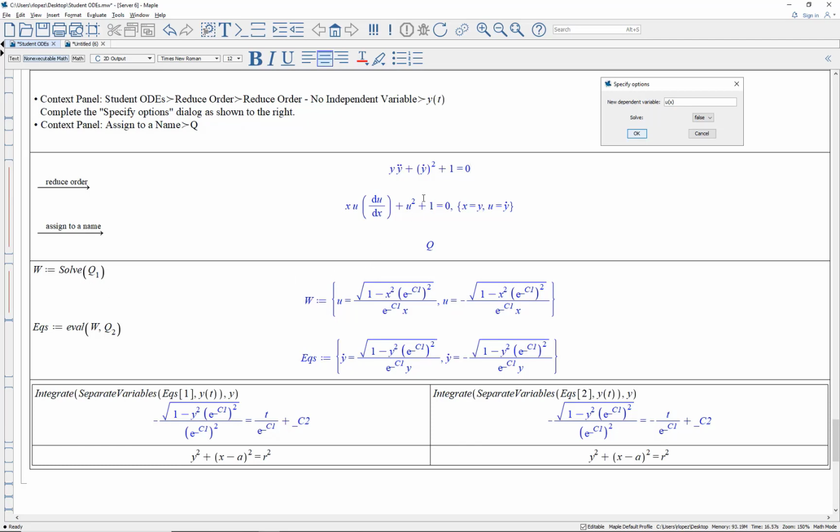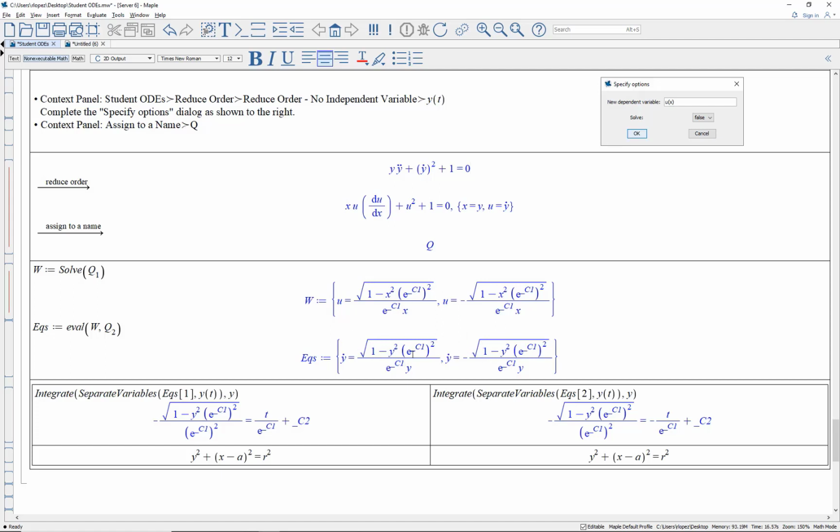Solve this differential equation. That's what Q1 is. It's this piece. And you get two solutions. Then make these transformations to return back to y, and you do that in both of these.